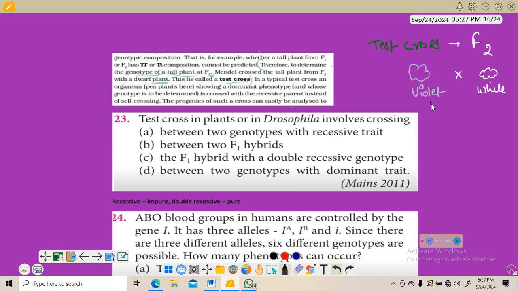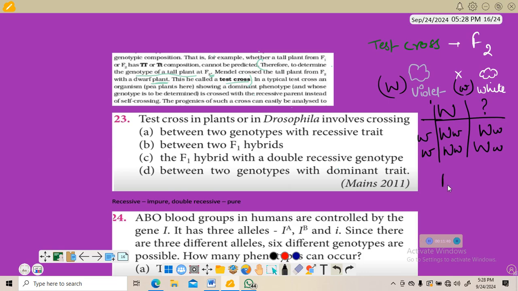So this is violet with capital W and recessive small w. So let's say here I'll take W, and here I don't know what it is. Here small w, small w. So basically I'm testing, and the result is shown to me. I know here I'm getting all violet flowers, but I don't know what it is here.